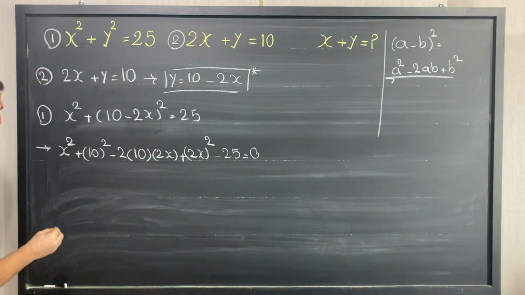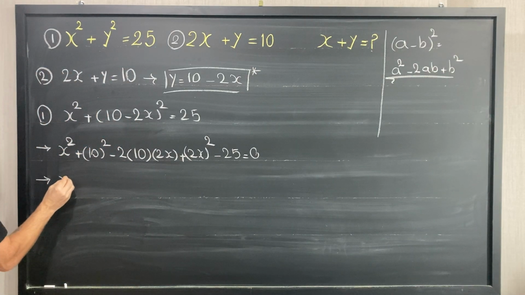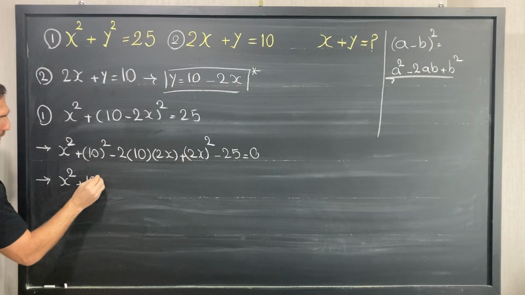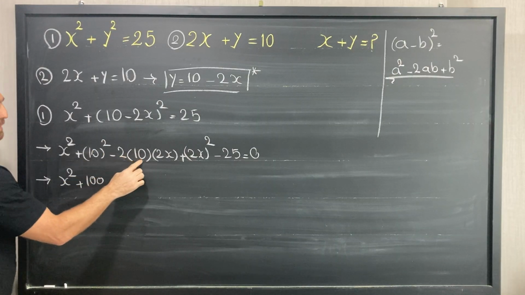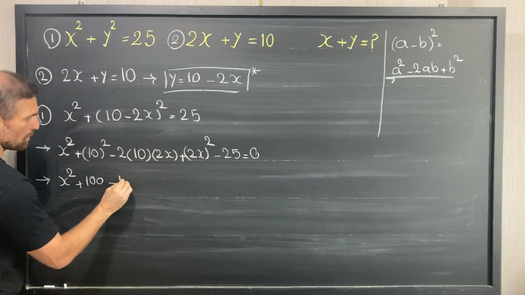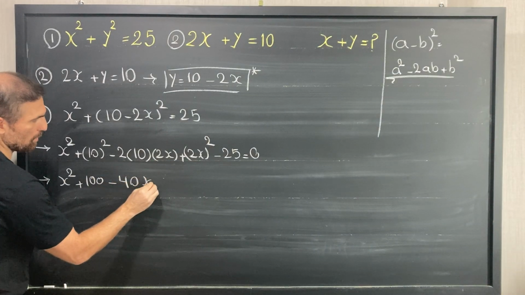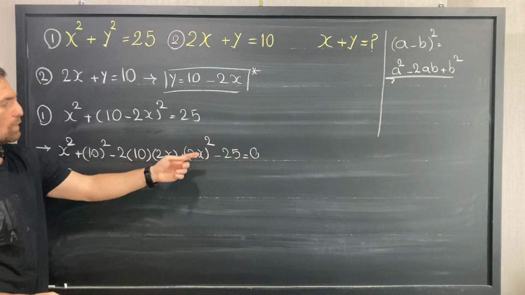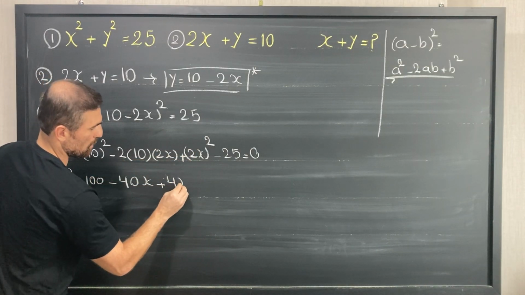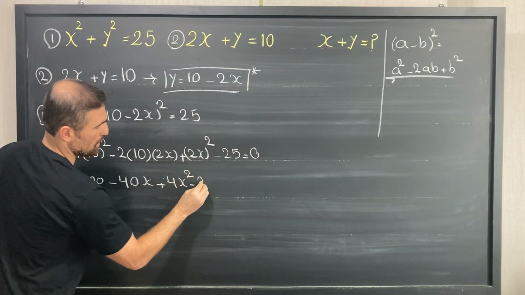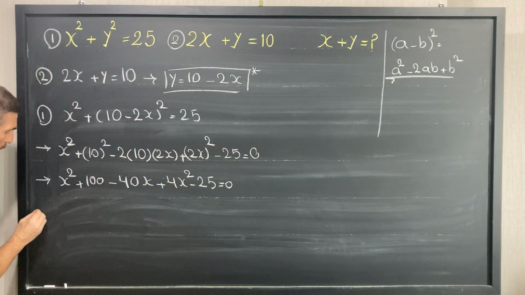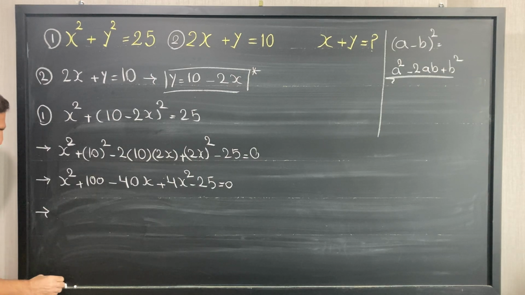Now x squared, 10 to the power of 2 is 100, 2 times 10 is 20, times 2 is 40. So negative 40x plus 2x squared is going to be 4x squared minus 25 equals 0. Let's simplify this one.